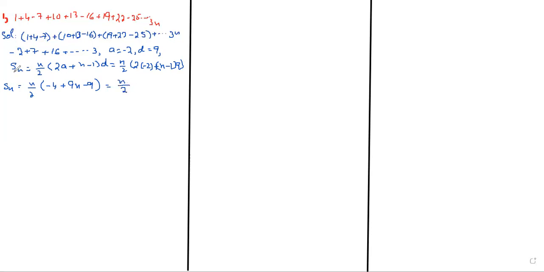This is S3n, okay? Since 3n is given here, it would be S3n, n over 2 and 9n minus 30. This is our required answer, and I hope you understand it well.